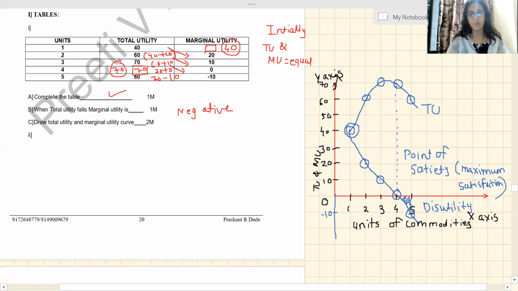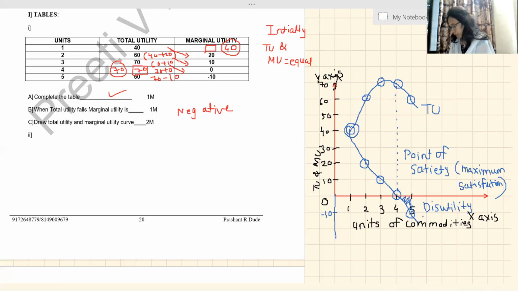This is the highest point where MU is 0, TU is highest. Okay, and when TU starts falling, disutility starts, MU goes into negative quadrant. Everything I have mentioned, so no one will cut you even half a mark if you present it properly. See, in the textbook also they have written everything.